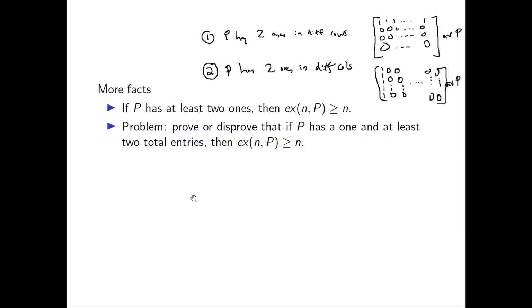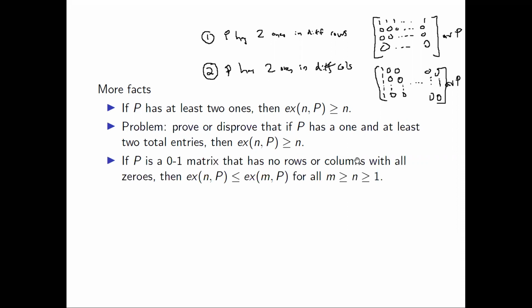So that one is for you to think about and see if you can either prove it a similar way to the one we just did, or maybe it's not true and see if you can find a very small counterexample.